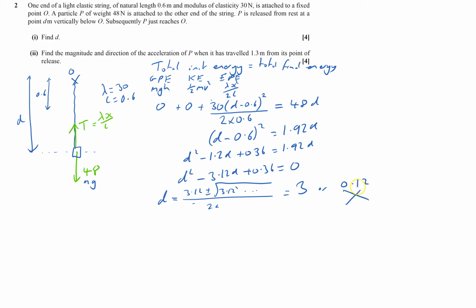Obviously that's rubbish at 0.12 because it was released when d was 0.12, it just dropped down, so it can't be there, so the answer is d must equal 3.